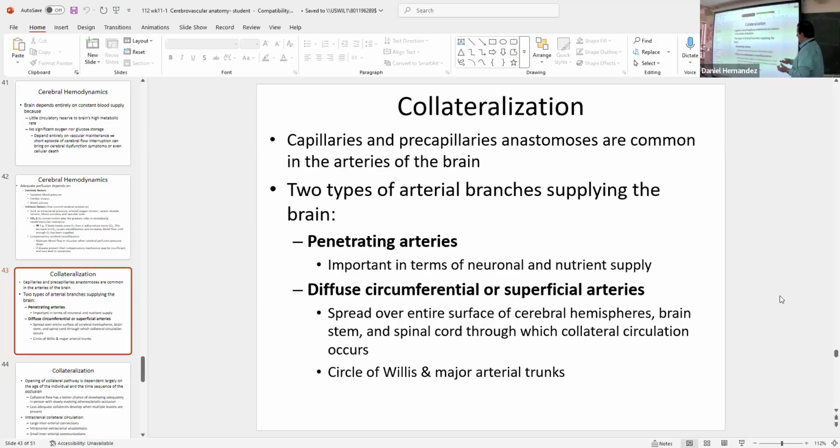We have penetrating arteries, which are important in terms of neural and nutrient supply, and then diffuse circumferential or superficial arteries. These are spread over the entire surface of the cerebral hemispheres, the brainstem, and the spinal cord, where collateral circulation can occur. And then we have the circle of Willis.